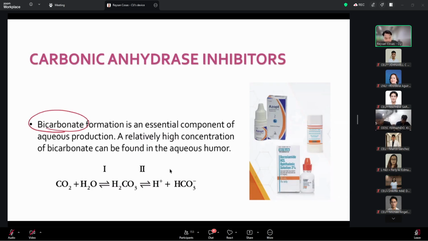So we have here, if you notice, may dalawa tayong Roman numeral, Roman numeral 1 and Roman numeral 2. These two reactions are mediated by the enzyme carbonic anhydrase. So ano yung reaction 1 ni carbonic anhydrase? It converts carbon dioxide and water to bicarbonate.